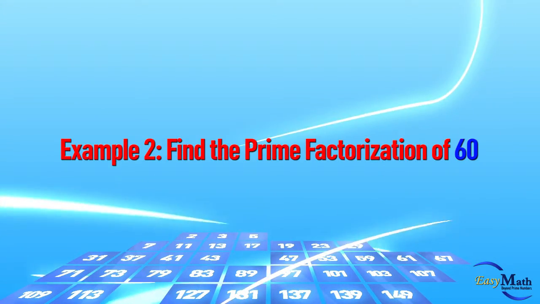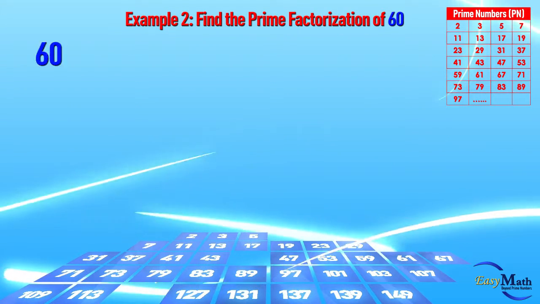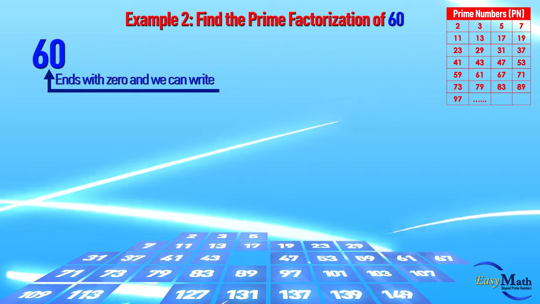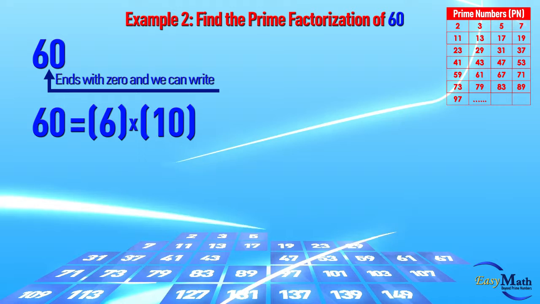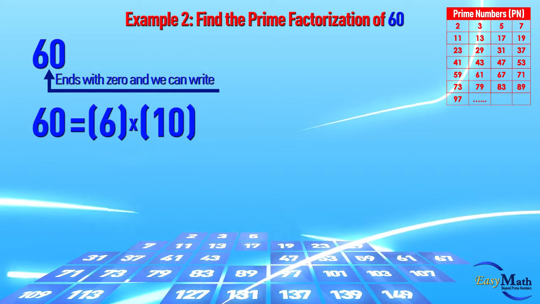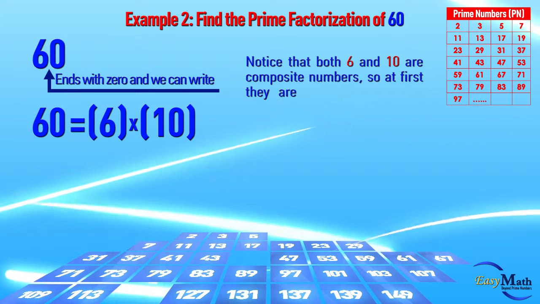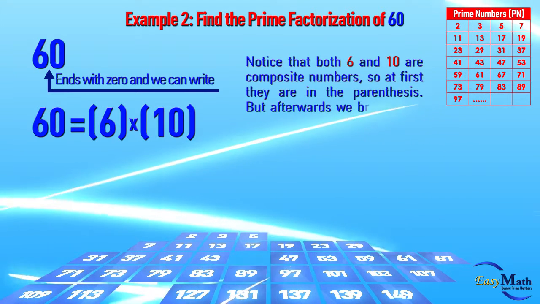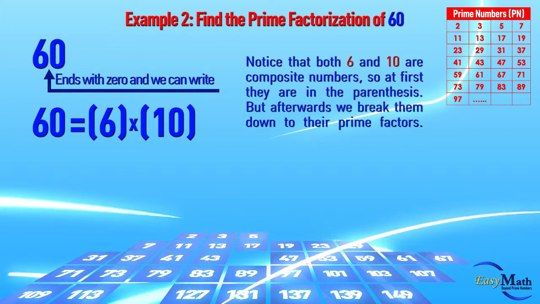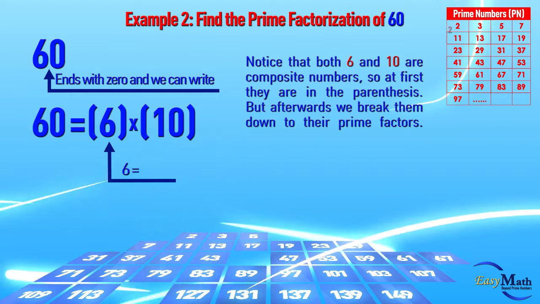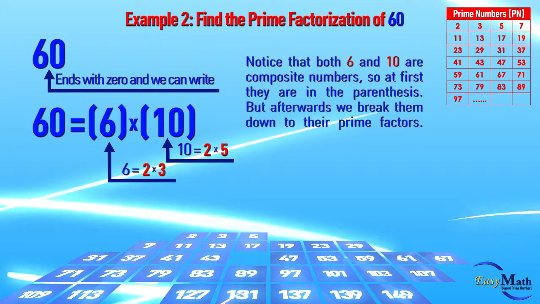Example 2. Find the prime factorization of 60. 60 ends with a 0, and we can write 60 equals 6 times 10. Notice that both 6 and 10 are composite numbers, so at first they are in the parentheses, but afterwards we break them down to their prime factors. 6 equals 2 times 3, and 10 equals 2 times 5.